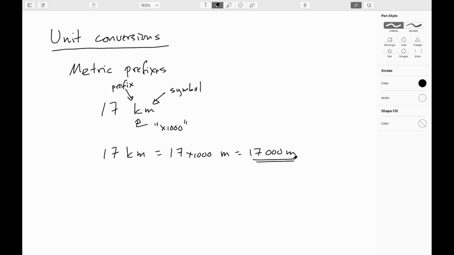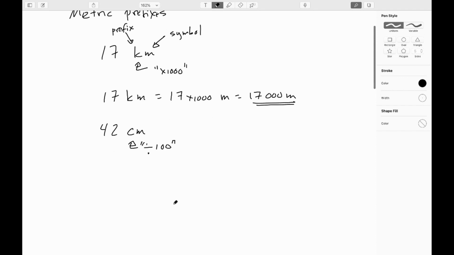By the same token, if say I had 42 centimeters, when I see that centi prefix, I view that as the instruction divide by 100. So I would look at that and say, all right, 42 centimeters.